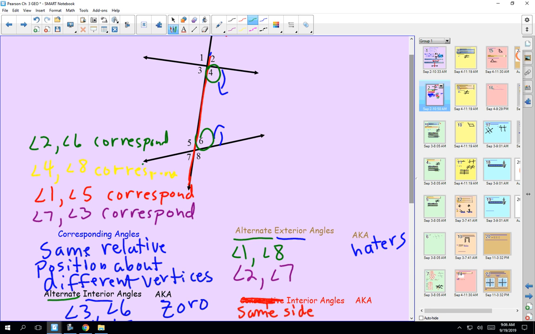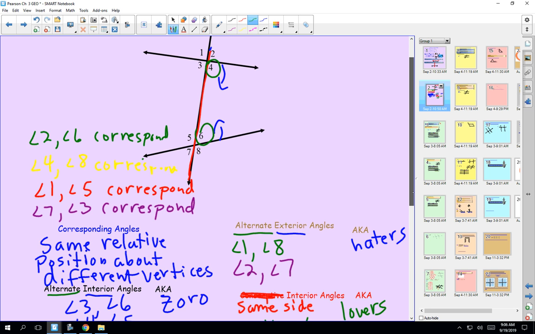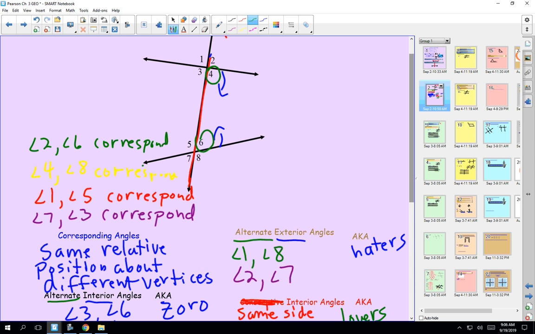AKA the lovers, the couples. I'm not creative enough to come up with that. Somebody did. That'll help you remember them. But you need to know those four angle types, okay? Any questions on this?